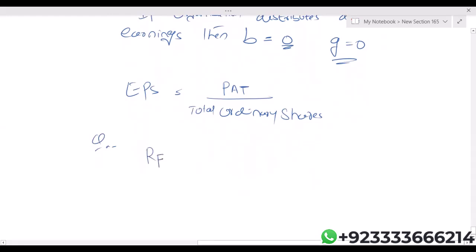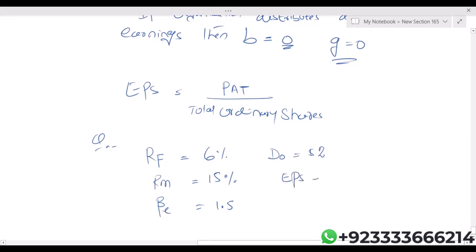Now, let's say we have RF 6%. I want everyone to solve this. RM 15%. Equity beta 1.5. Dividend $2.